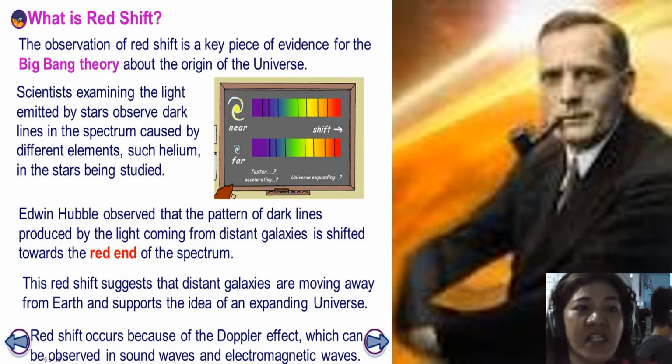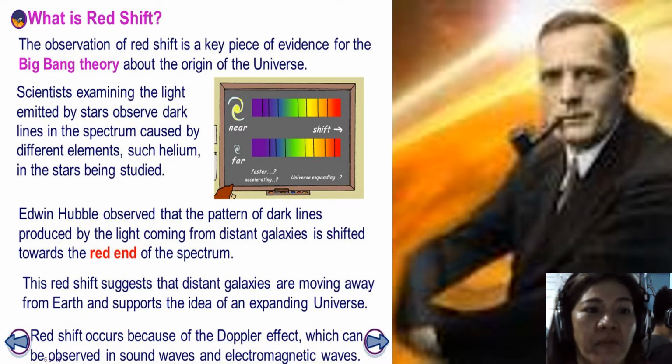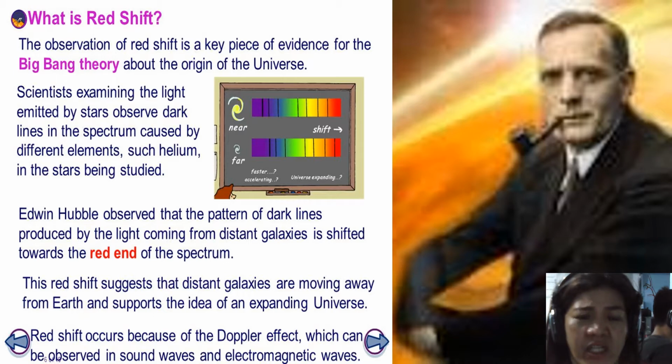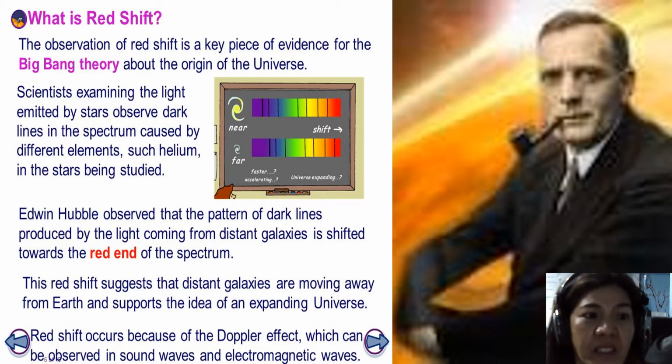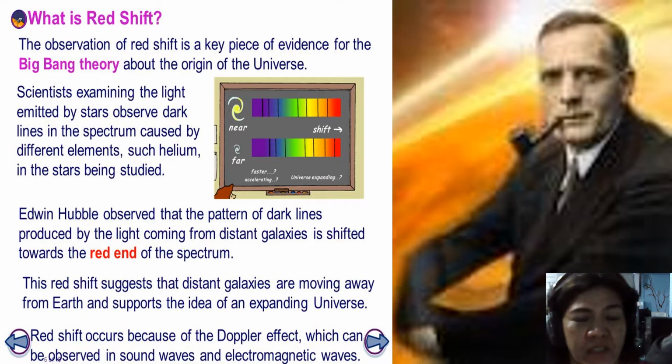So what is a redshift? The observation of redshift is evidence for the Big Bang theory about the origin of the universe. So scientists examining the light emitted by stars observe dark lines in the spectrum caused by different elements, such as helium in the stars being studied.